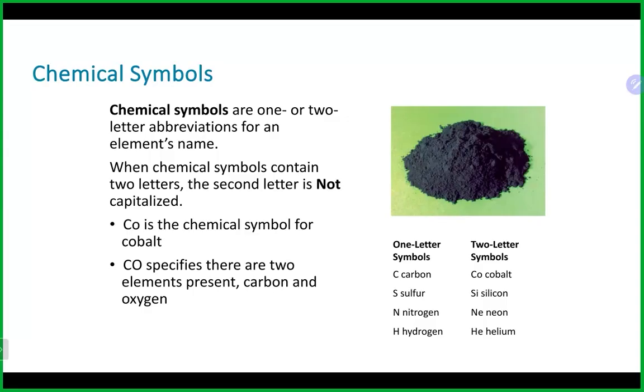So from now until we get into that next chapter, I would try to get some handle on the symbols and their names. You will be given a periodic table that does not have the names, so we'll have the symbols, and you need to know which symbol goes with which name.